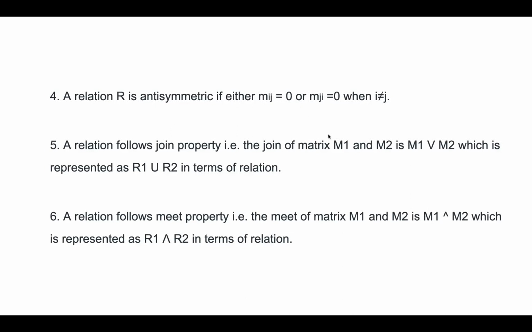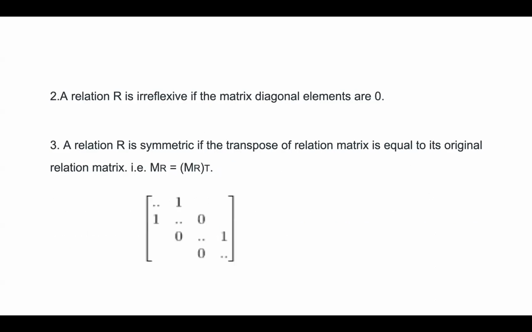But what it is saying is i is not equal to j. Okay, means this antisymmetricity will be proved like this. Mij is equal to 0 or Mji is equal to 0 when i is not equal to j. We can see here antisymmetricity.